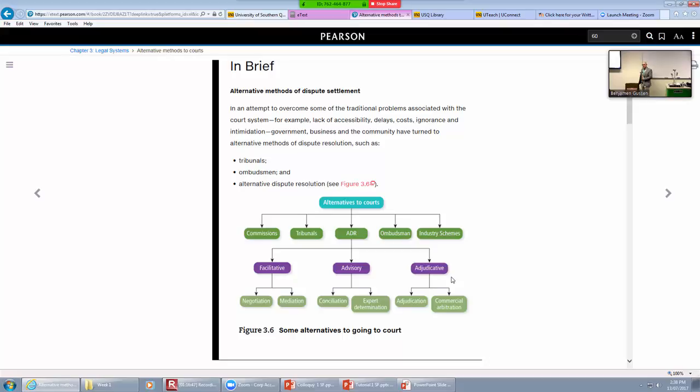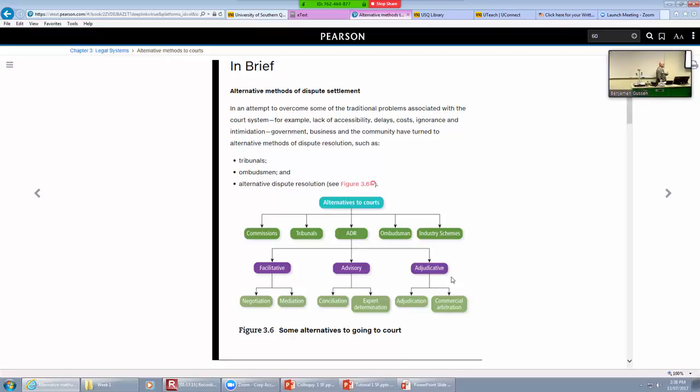That's what we call negotiation. So there's no third party, it's just the 2 parties to the conflict talking to each other. Or you could have a mediation, which is where you will have a third party, but that third party is neutral. And their role is quite limited. Because all you need from them is to facilitate resolving the conflict.